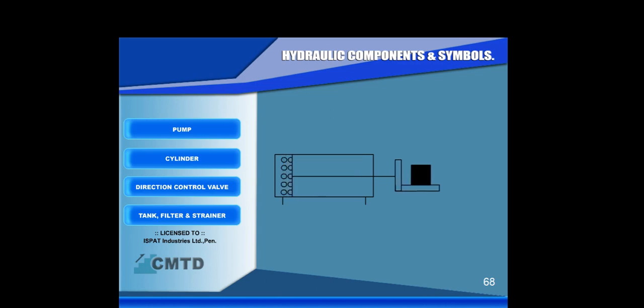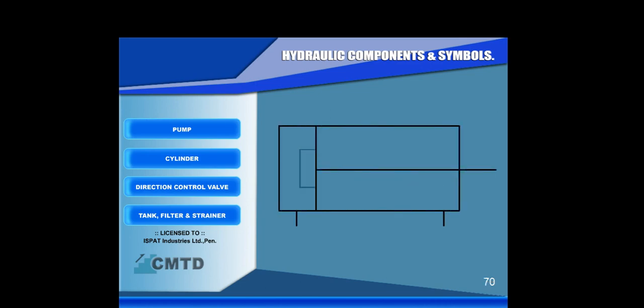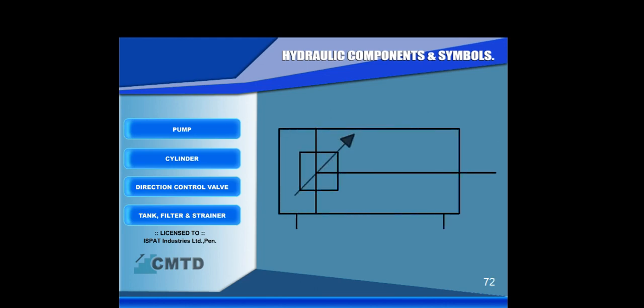When the piston stops at the end of the cylinder, it creates mechanical and hydraulic shock. To reduce this shock, hydraulic cushion is used in the cylinder. This is the symbol of hydraulic cushion. This is the symbol of hydraulic cushion on both sides. Hydraulic cushioning effect can be varied.